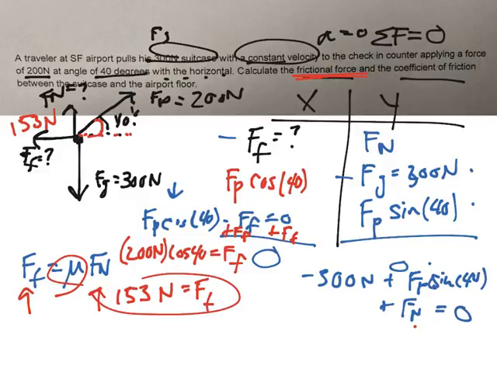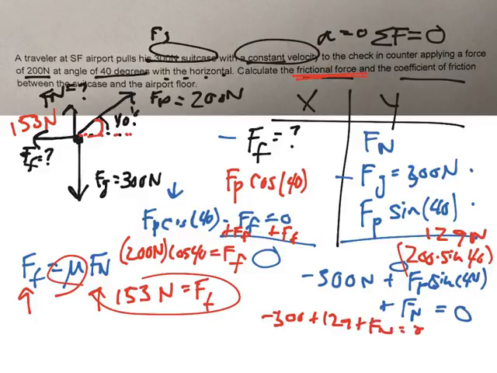So you can now plug in, we have negative 300, Fp, so this would be 200 times sine of 40. Plug into your calculator, you would round to 129 newtons. So we know that negative 300 plus 129 plus Fn is equal to 0.